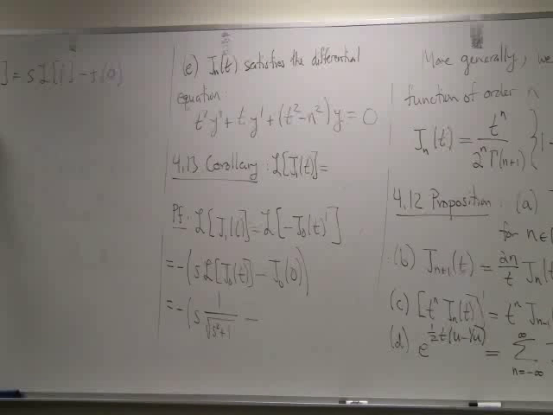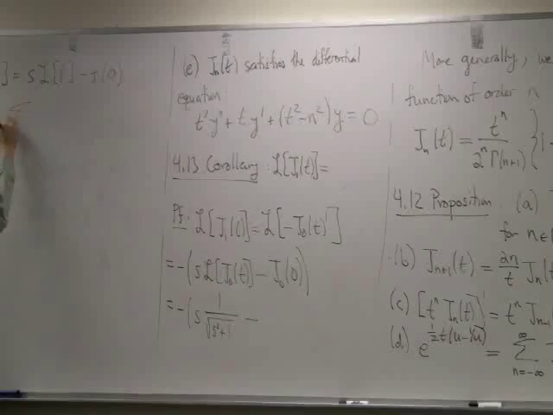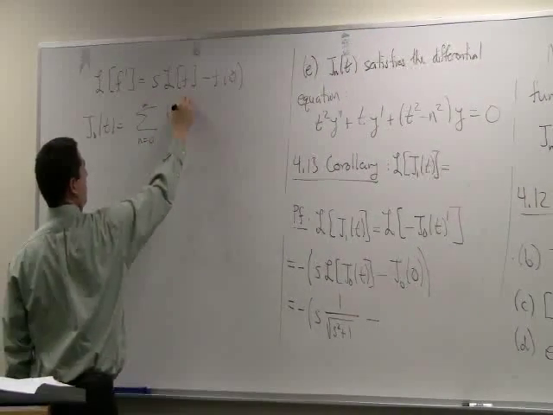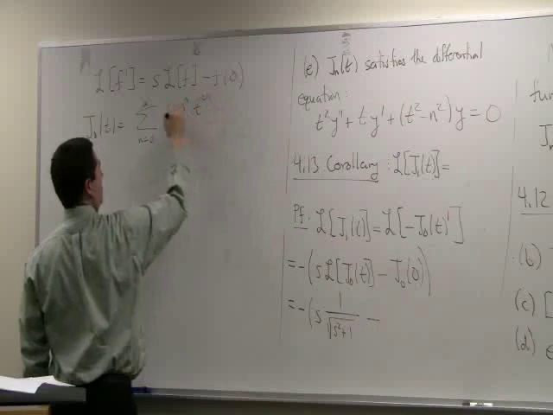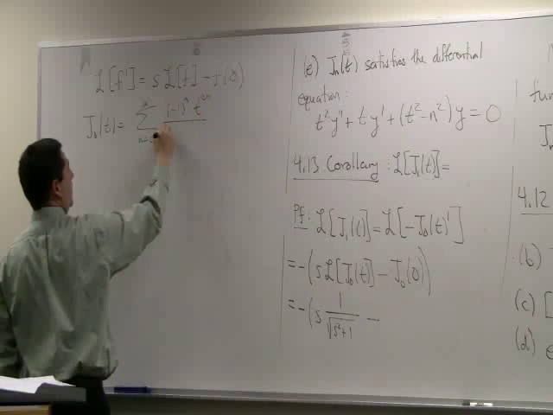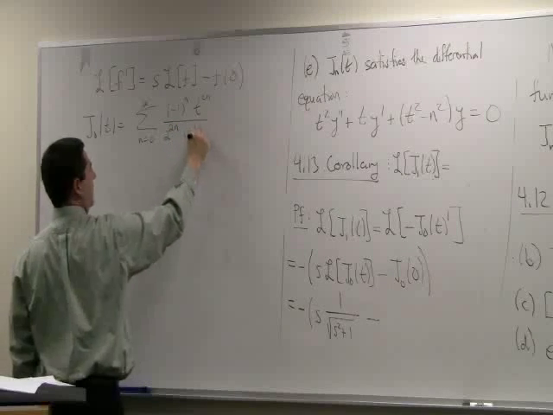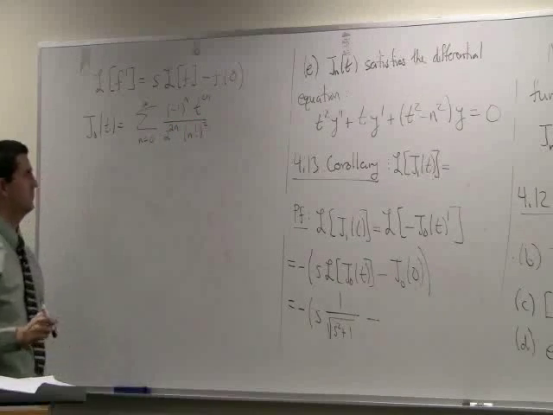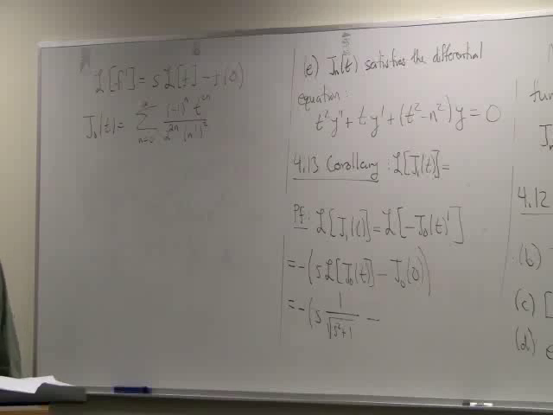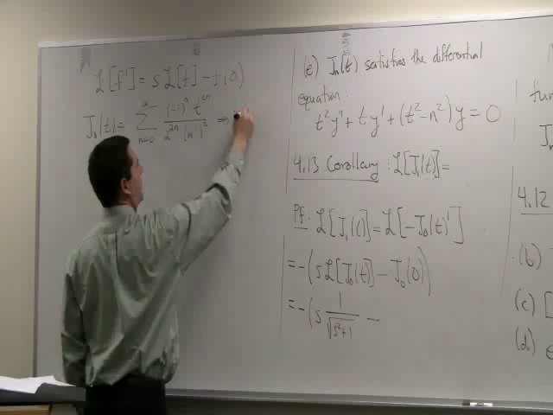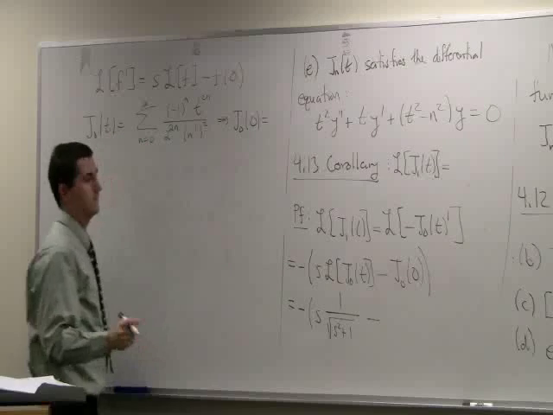Let's remember J0 is this infinite sum: minus 1 to the n, t to the 2n, over 2 to the 2n times n factorial squared. So if we plug in 0 for t, what do we get? 0.